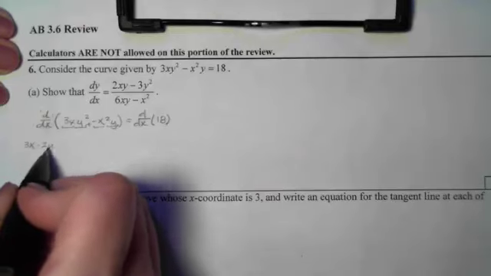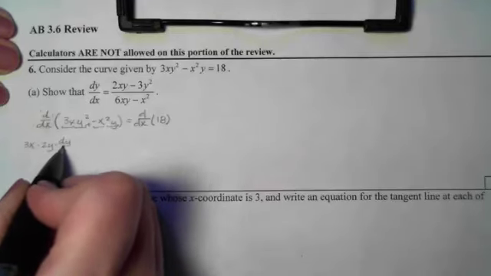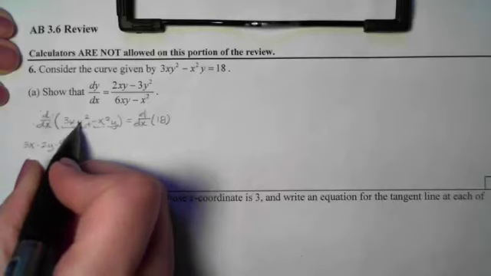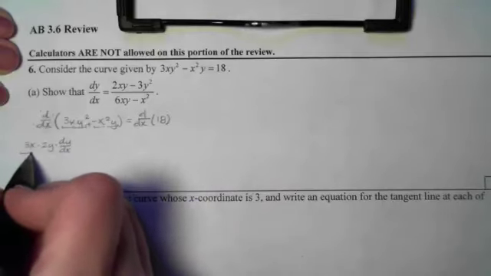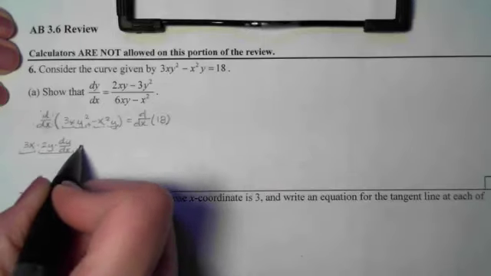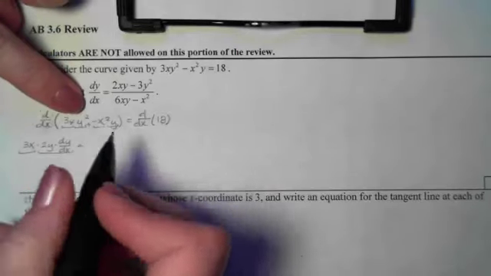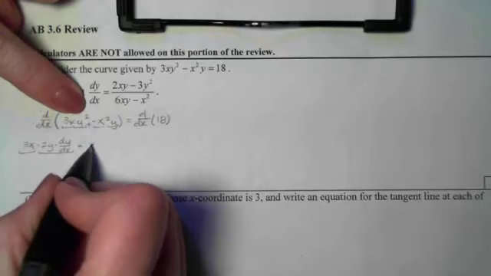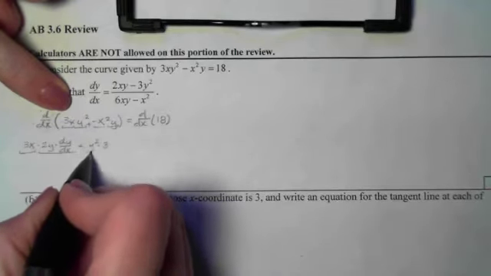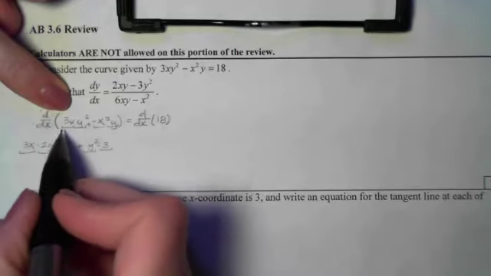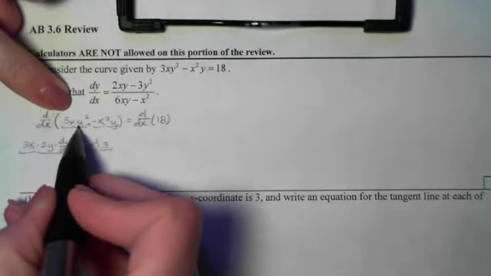Well, that's the power rule times the derivative of what was squared, which in this case is a y, so the derivative of that y will be a dy/dx. So here's our first times the derivative of the second, plus now we've got the second one, which is a y squared, times the derivative of the first, which is a 3. So we've completed the product rule for this first term.